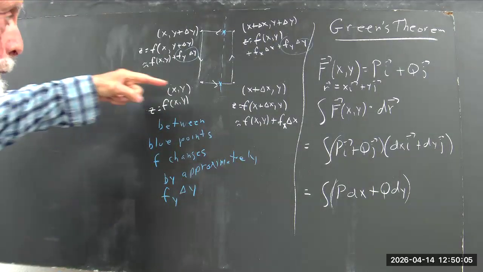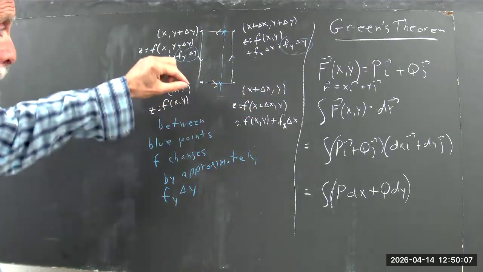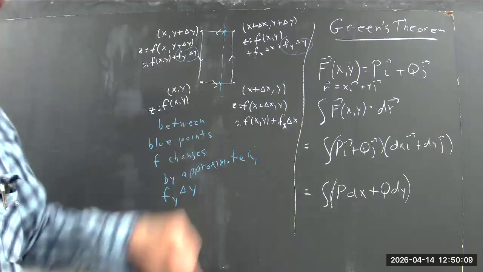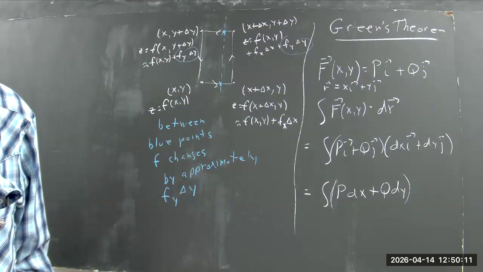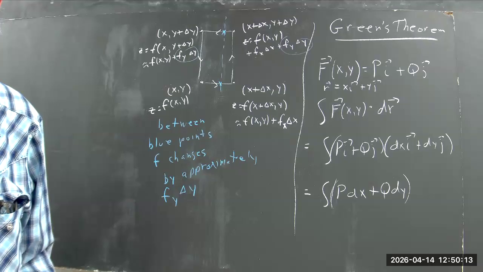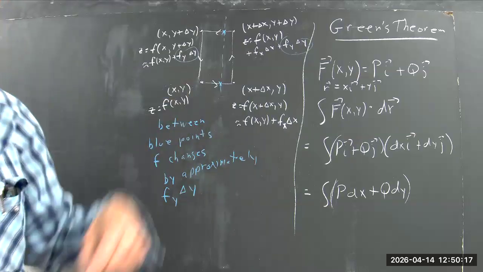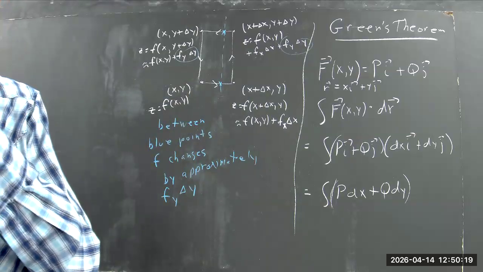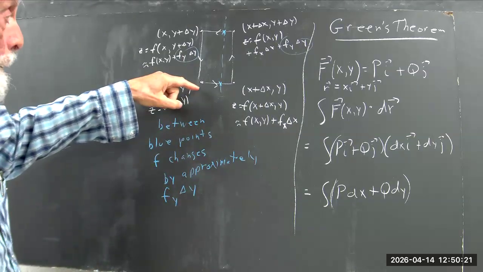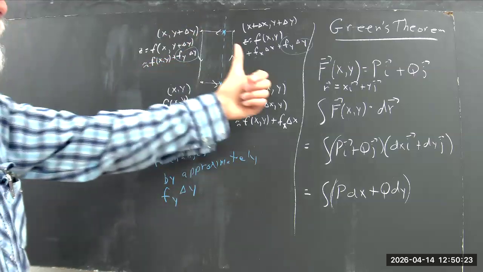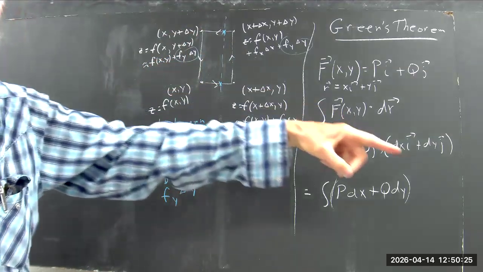So when I'm integrating with respect to x, I'm going to be integrating along this interval, okay? And then I'm going to be integrating back along this interval. Now, both of these intervals have the same length, but one of them goes to the left and one of them goes to the right.